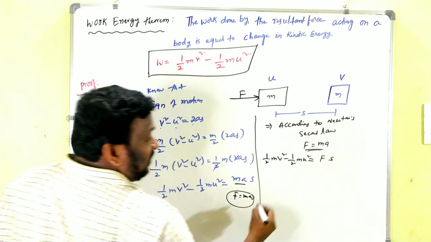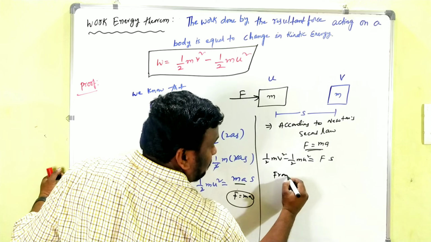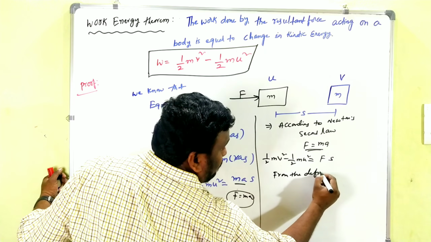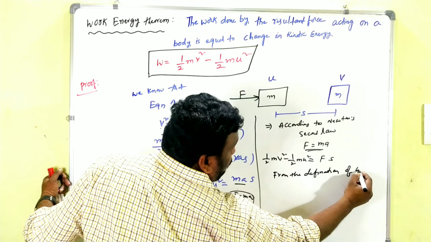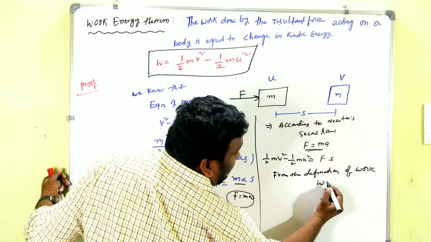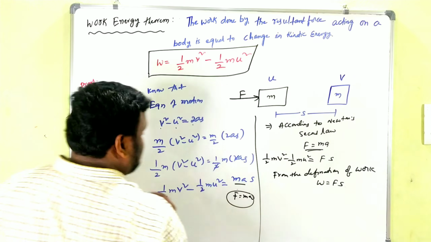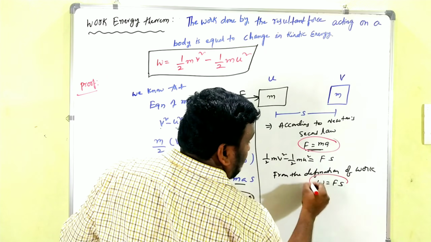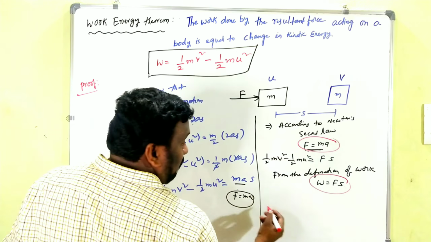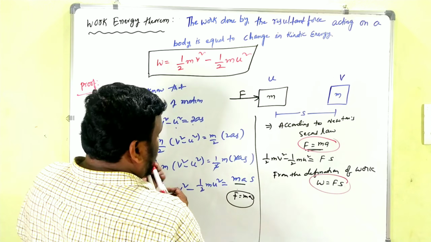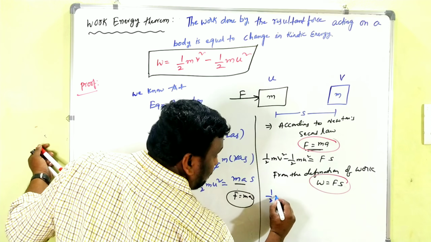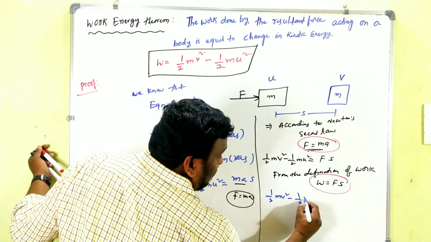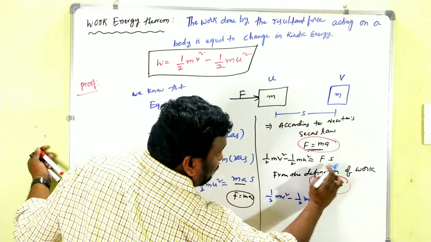Clear? So already we know from the definition of work that W equals f into s. Then simply here, half m v square minus half m u square equals fs.